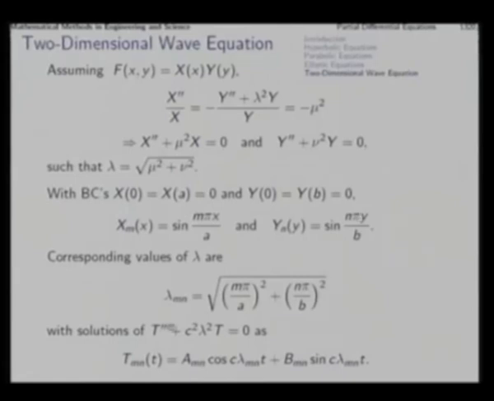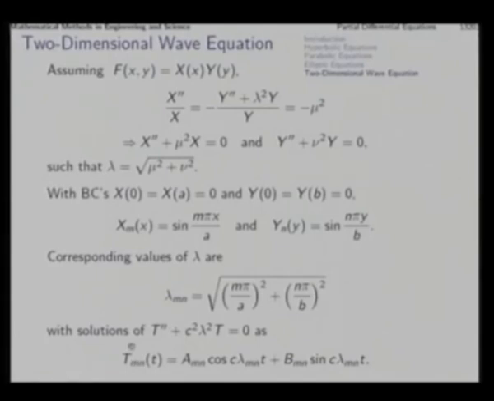So, here we write the complete solution in terms of lambda mn and coefficients a mn, b mn. That means, for every pair of values of m and n we will get different coefficients corresponding to different lambda mn values. So, this will be denoted as T mn.